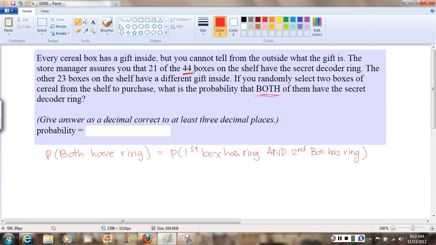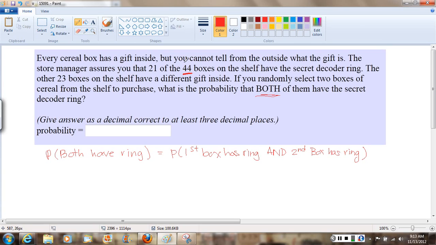When I take one of those boxes off the shelf, that changes the number of boxes that have rings and the total number of boxes in a way that will significantly impact the probabilities I'm calculating. If there were a million boxes on the shelf, well, taking one off isn't really going to change that fraction very much. But when there's 44 boxes, taking one off changes the fraction in our calculation a lot.